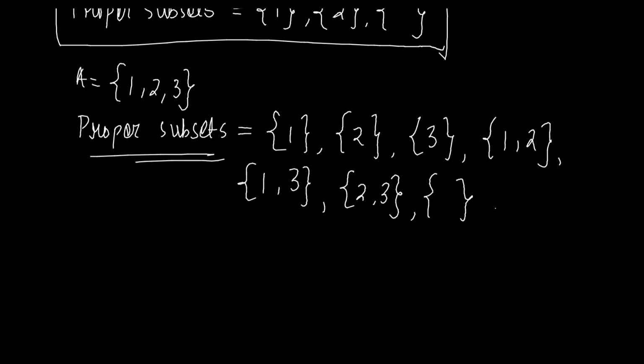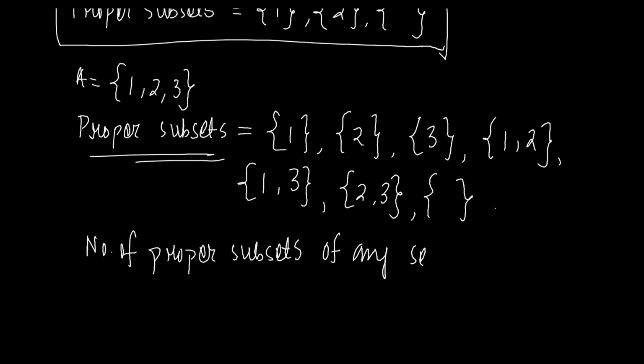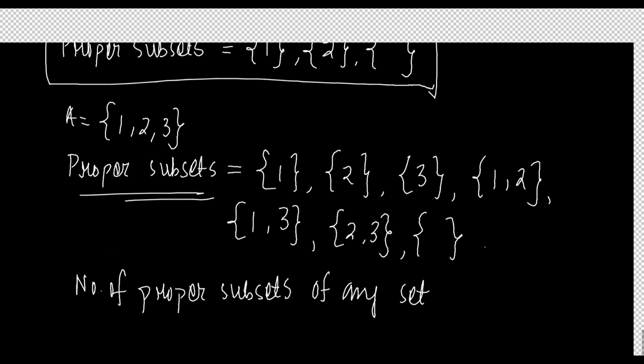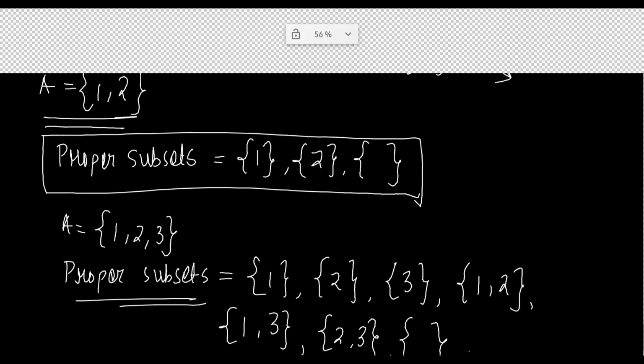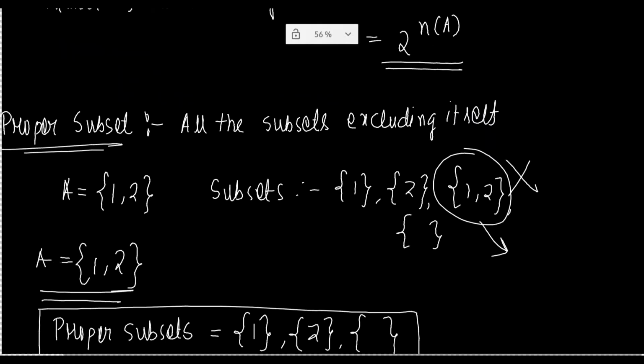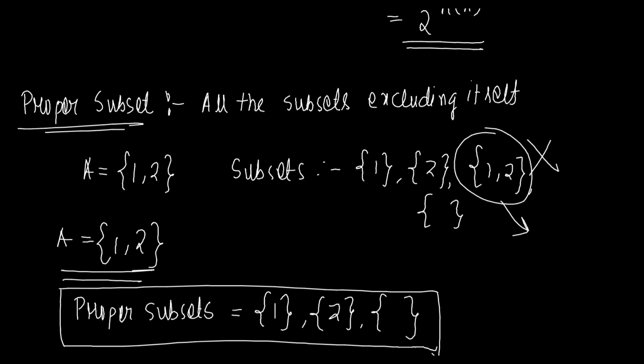So if someone asks you the number of proper subsets of any set, see here, in this set we have written all the subsets, but we have not written the set 1 comma 2 itself.